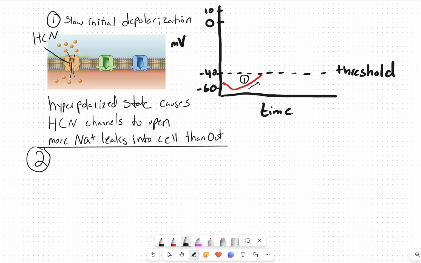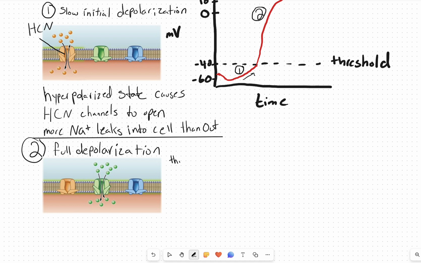The second step is when the action potential begins. This is the full depolarization. Once we get to the threshold, the membrane potential does increase quickly, causing that action potential. So once the membrane hits that -40 millivolts, we cross the threshold. This triggers the action potential. By hitting that threshold, it opens voltage-gated calcium channels.